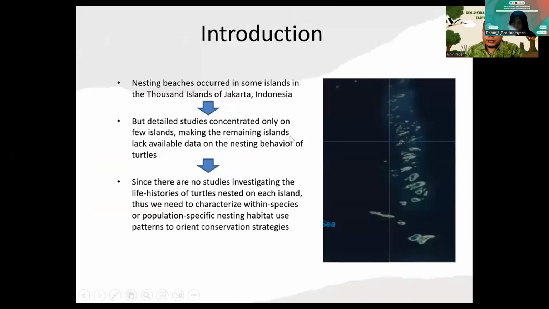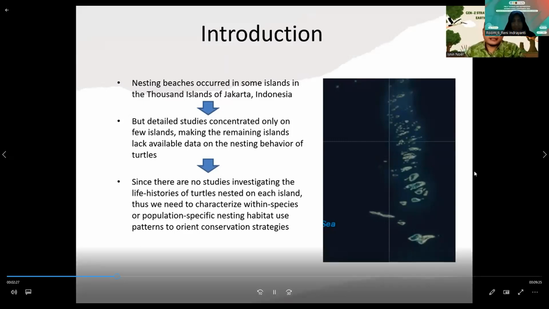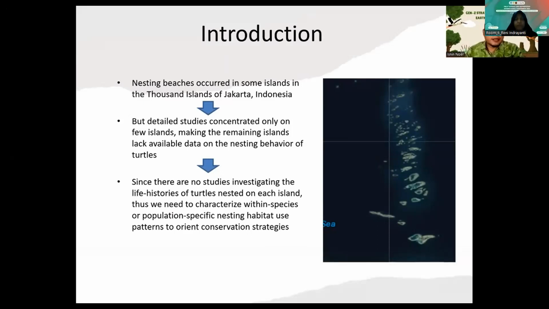The Thousand Islands of Jakarta consist of hundreds of low-lying islands, some of which are nesting habitat of hawksbill turtles. However, a complete study on nest selection on these islands has been carried out only in a small subset of the population.